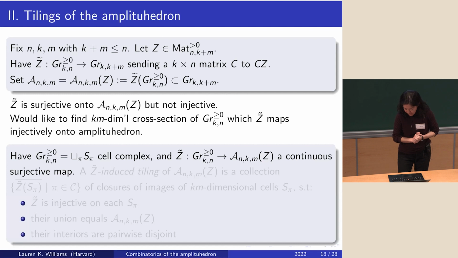Now we have this cell decomposition of the positive Grassmannian, and we have this map Z tilde, which is a continuous surjective map onto the amplituhedron.